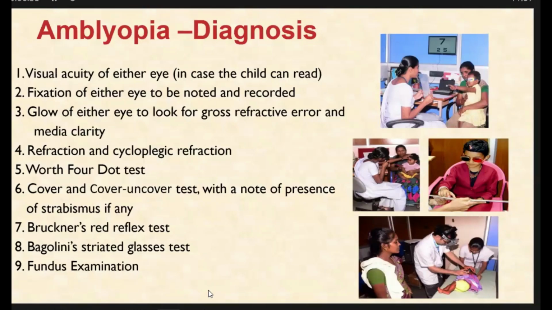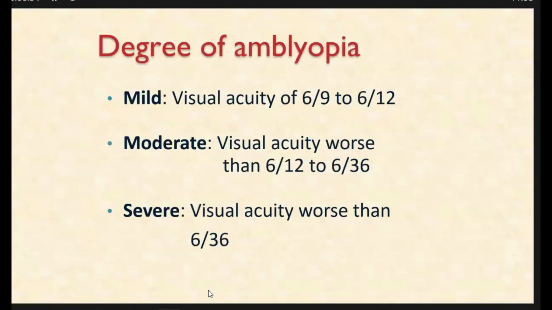Refraction and cycloplegic refraction, the 4-dot test, cover and uncover test for the presence of any phoria or tropia. Bruckner's red reflex test can also be done, along with Bagolini striated glasses and fundus examination. Comprehensive eye examination is always mandatory to arrive at the diagnosis of amblyopia.